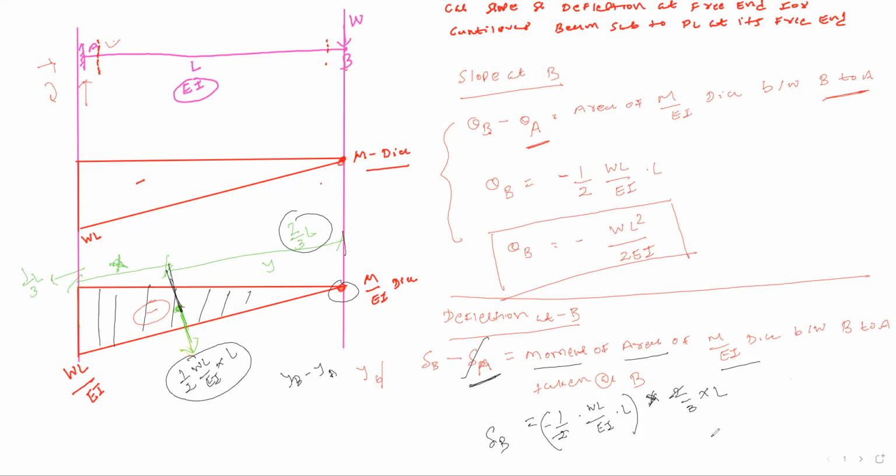So can I say that delta B equals WL cube divided by 3EI? Yes or no? WL cube by 3EI? Please confirm.